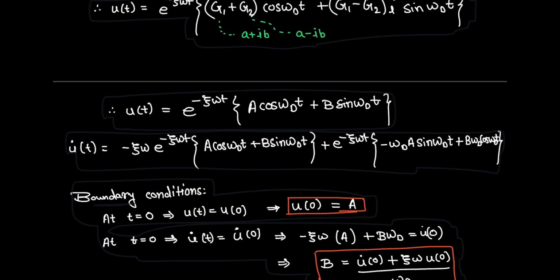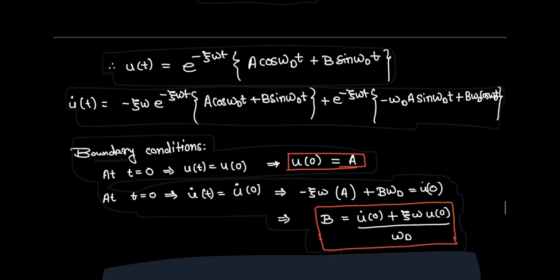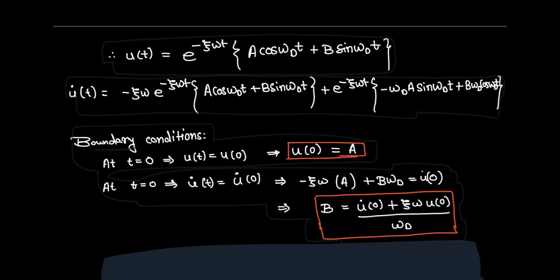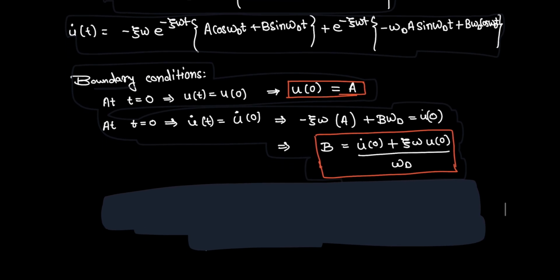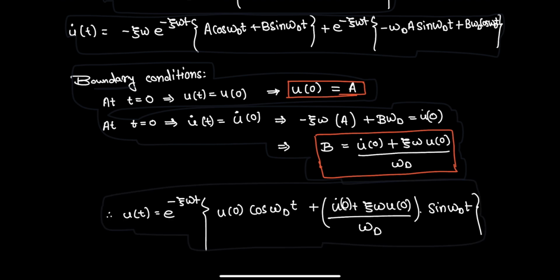From this, we find A is equal to u at time t equal to 0. We may also find the velocity u dot of t and similarly substitute u dot of t equal to u dot of 0 at t equal to 0 and obtain the value of B. We substitute these into our equation to obtain the final equation of the response of our system.